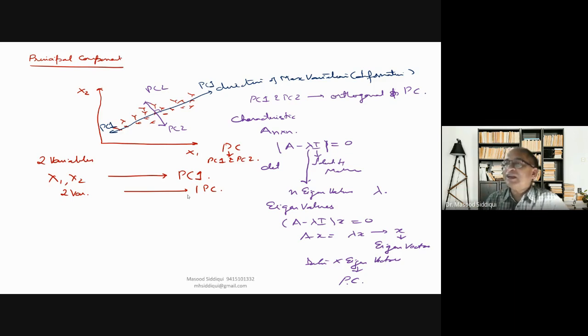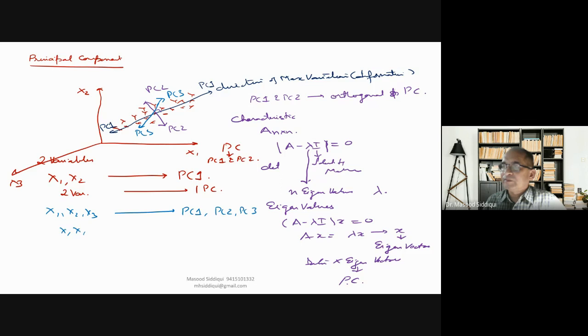Right. In the same way, if instead of these two dimensions we consider three dimensions, suppose they are x1, x2, x3, there are three variables. So now it will have three principal components also, that is PC1, PC2, and the third one is at 90 degrees, that is PC3. Now we want to reduce.